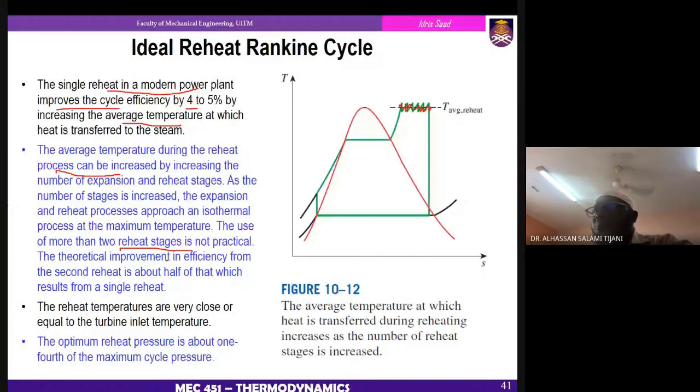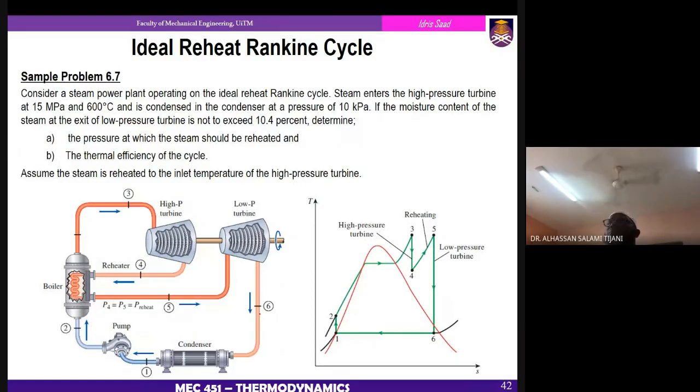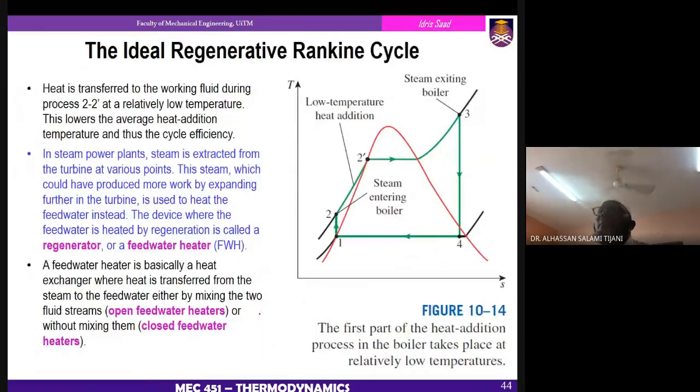The theoretical improvement in efficiency from the second reheat is about half of that which results from a single reheat. Okay, so take note of that. So the optimum reheat pressure is about 1/4 of the maximum cycle pressure. Okay, so this is again an example we'll look into.